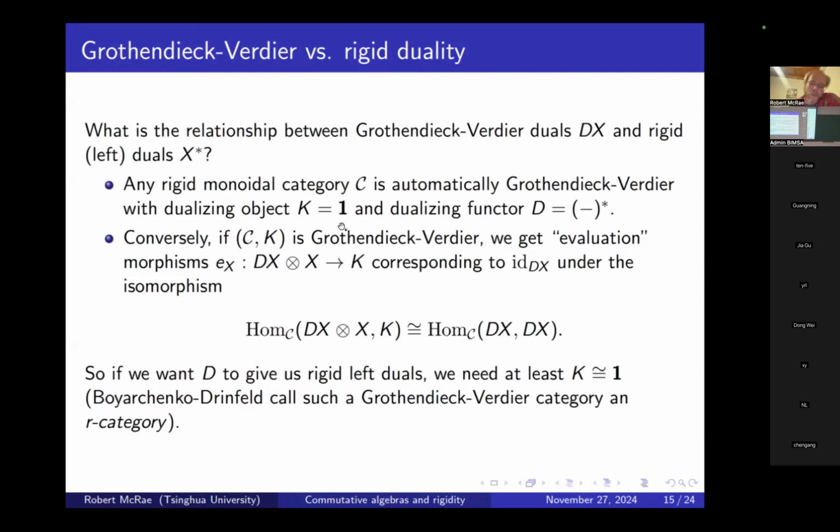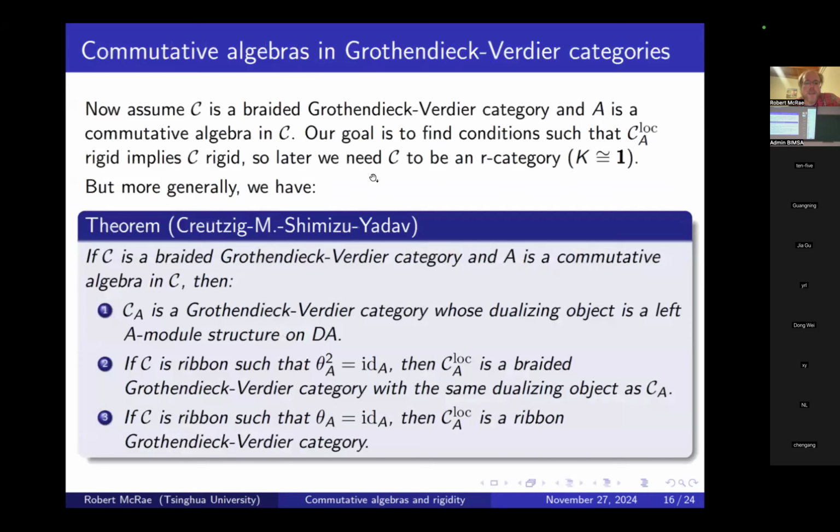So what we want is to start with a Grothendieck-Verdier category, and we want to show that it's rigid somehow. So that means it's probably best that we start with a Grothendieck-Verdier category where the dualizing object is 1. And Boyarchenko and Drinfeld called such a category an R category. I'm not sure why they use that terminology, but that's convenient enough to use.